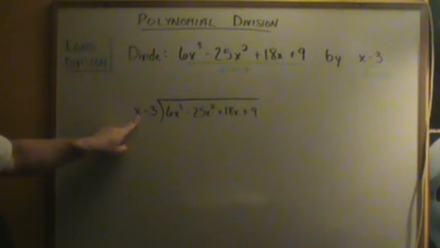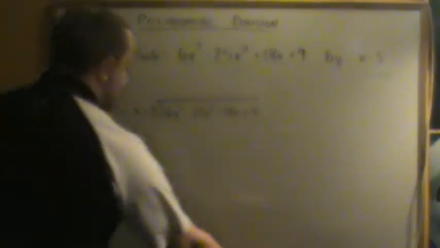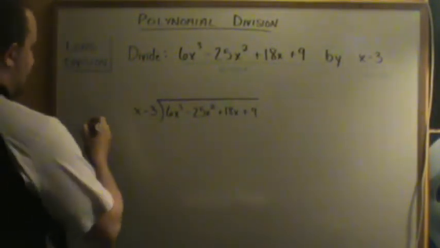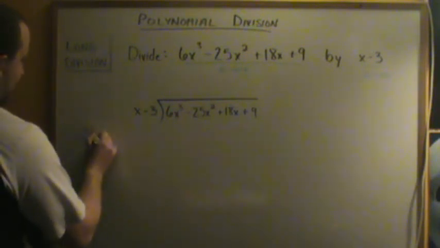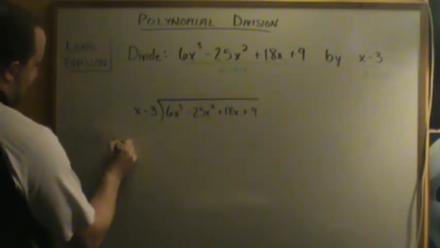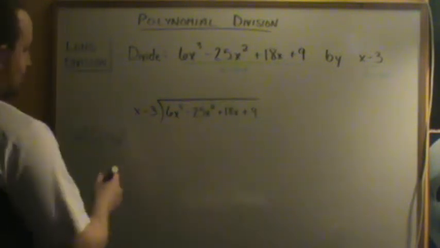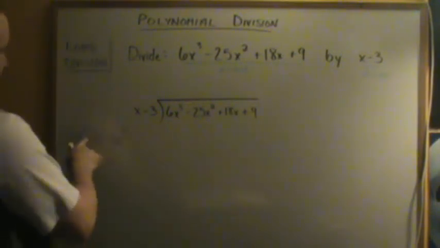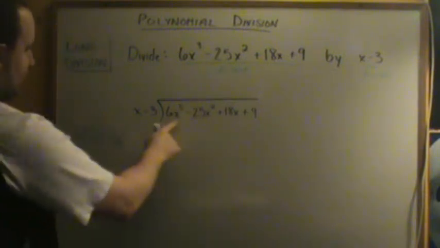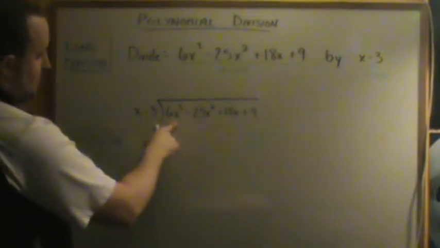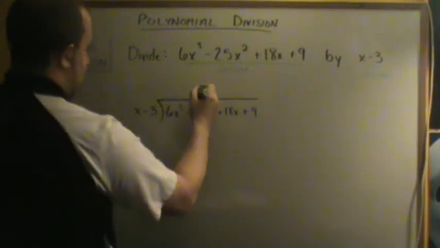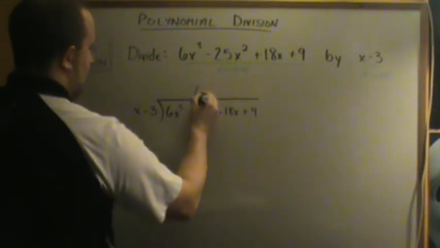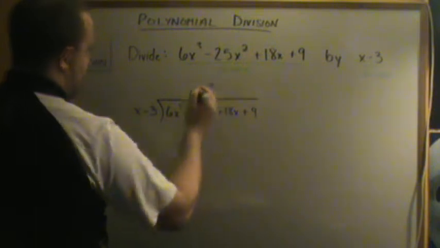Well, 6x squared times x is 6x cubed. Now, because we're using 6x squared, we don't put it on top of the 6x cubed part. We put it on top of the corresponding x squared column. So our 6x squared is going to go right there.